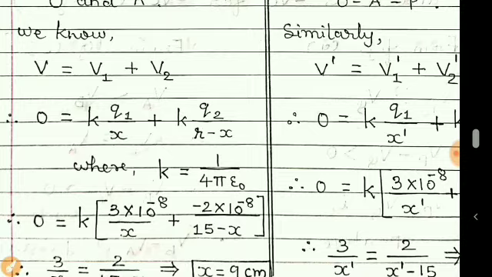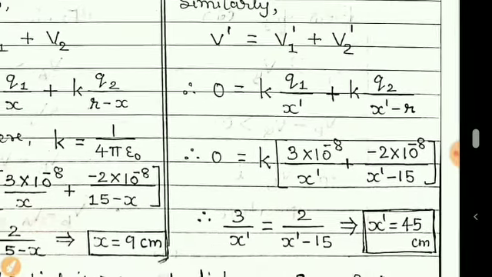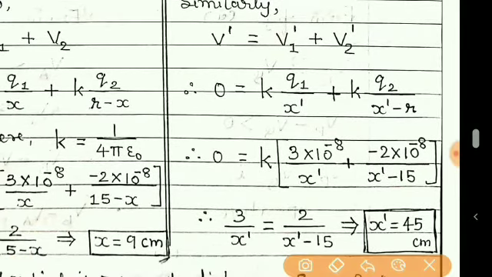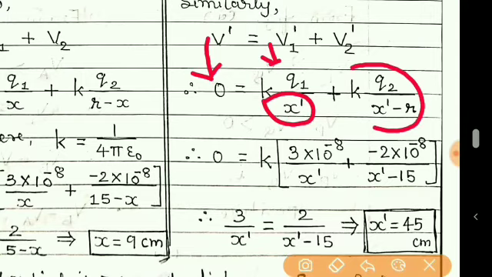Similarly, we are using the same formula here also. Potential is 0, V1 is K Q1 upon new distance X dash plus K Q2 upon X dash minus R.